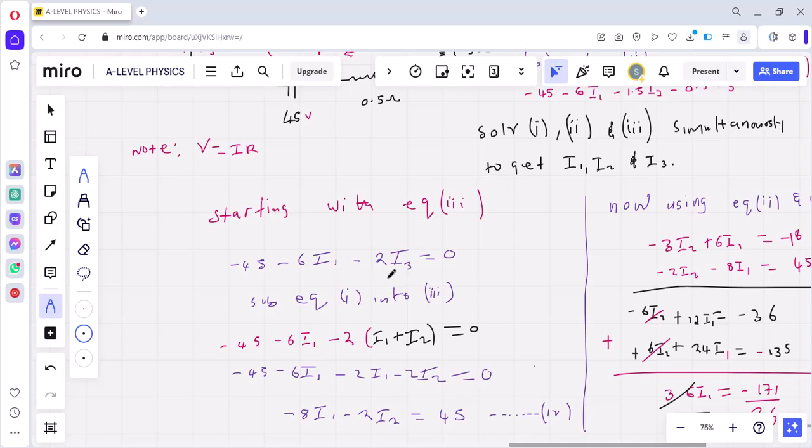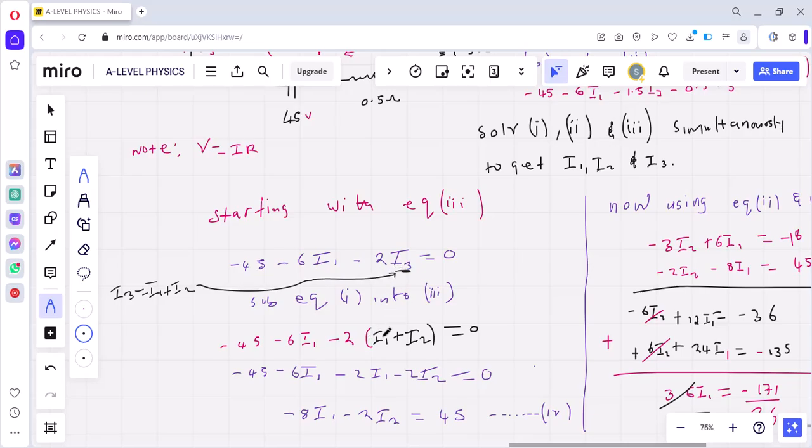Since in equation 1 I3 is already the subject, I pick this equation here, and where there is I3, it is equal to I1 plus I2. I get this and substitute it there.